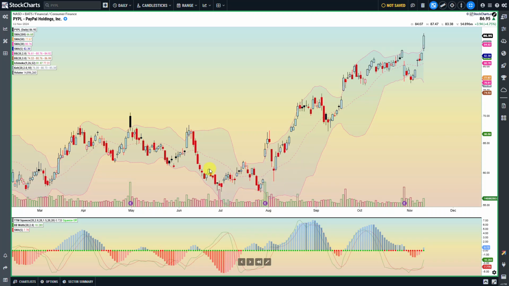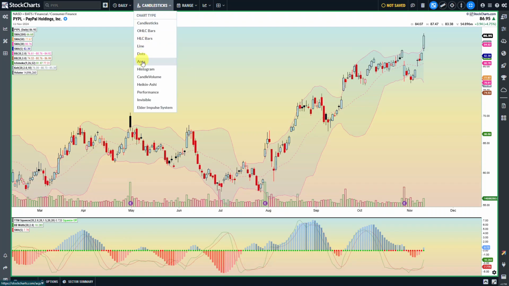If the stock price becomes consolidated, these bands constrict. There's low volatility, therefore 2 standard deviations represents a smaller range than it does when there's a lot of volatility.